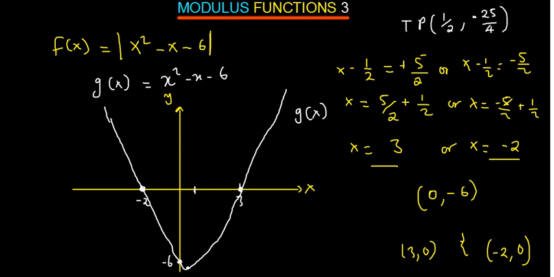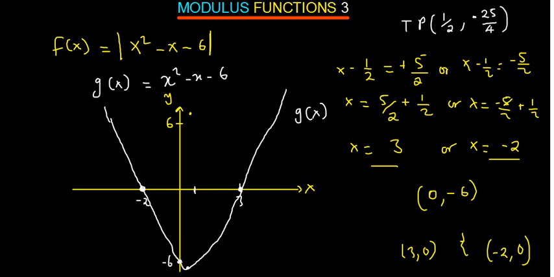So this function I've drawn is g of x. At times they are going to ask you to draw these two functions on the same diagram. Okay, and then now I want the absolute value. Absolute means we don't want a negative part. So instead of having negative 6 as the y-intercept, it's going to be positive 6. Instead of having negative 25 over 4 as the turning point, you are going to have positive 25 over 4.